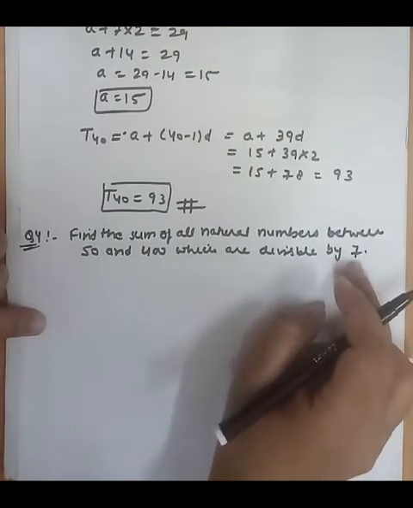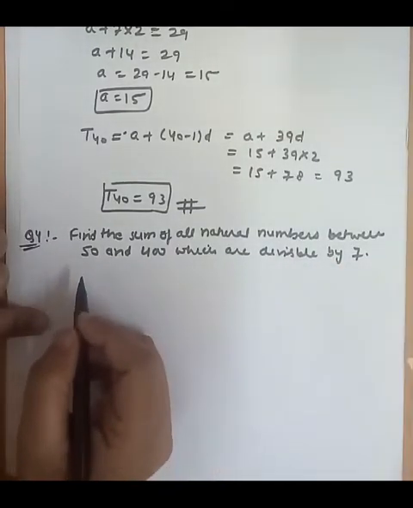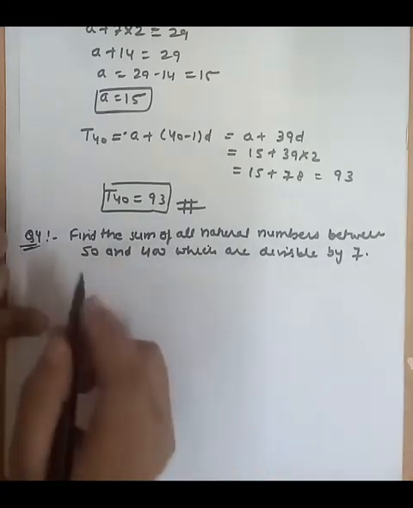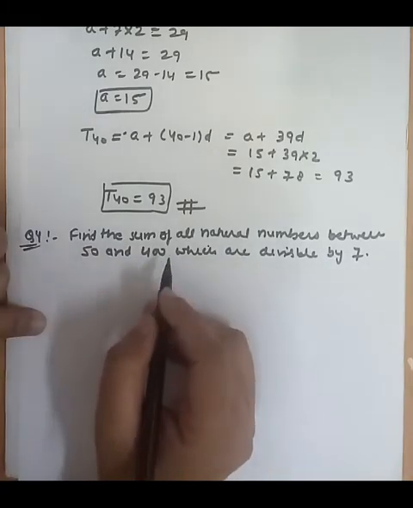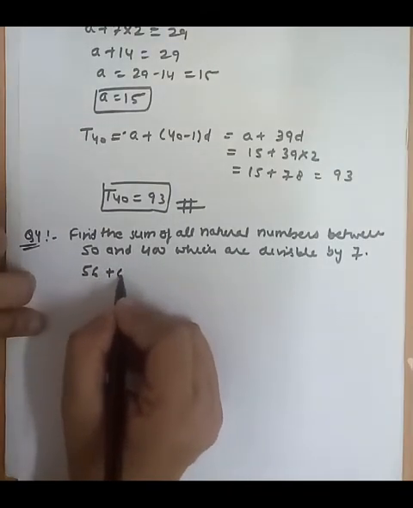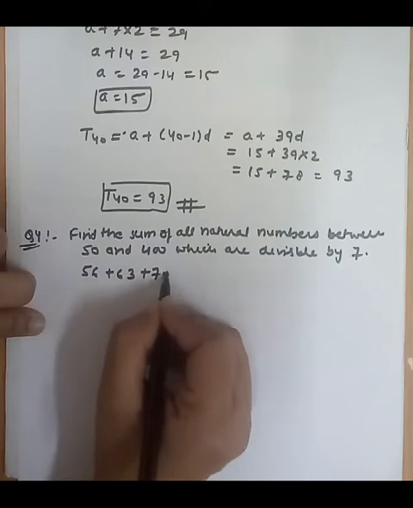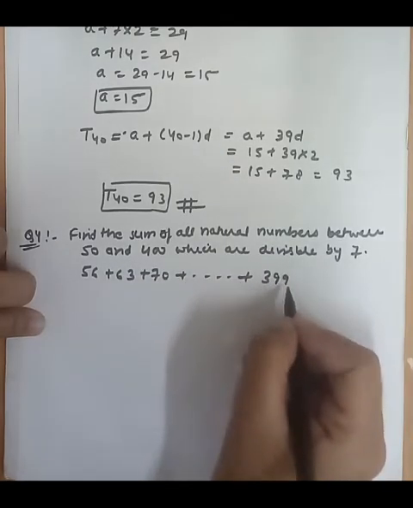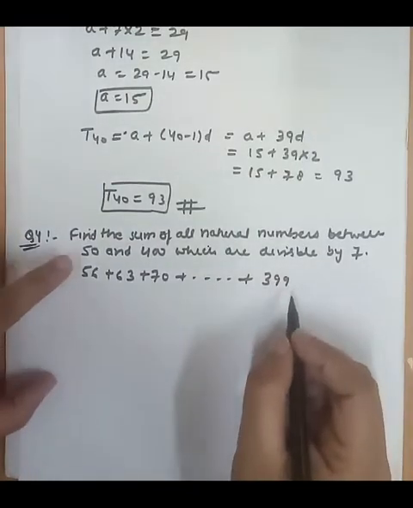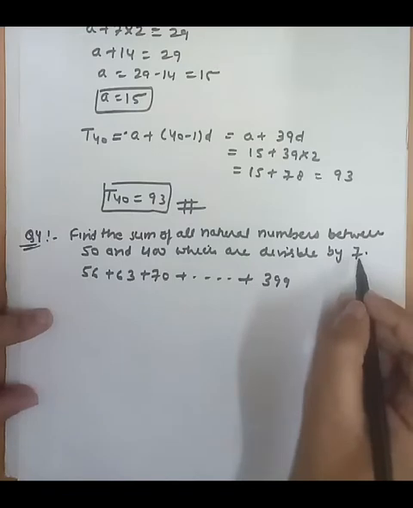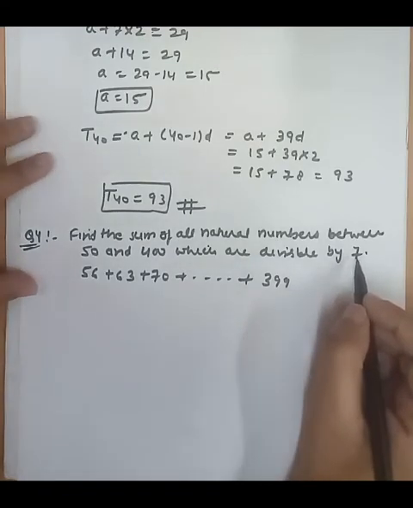It means first we have to find the series of those numbers which are divisible by 7 and lie between 50 and 400. So the first number is, I think, 56, then 63, the next number is 70, and the last number is 399. These numbers lie between 50 and 400, and these numbers are divisible by 7.